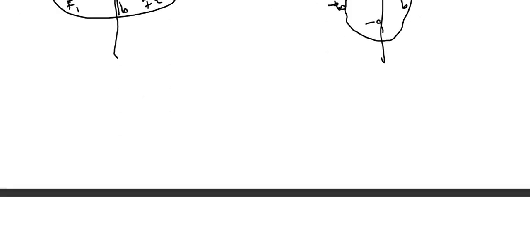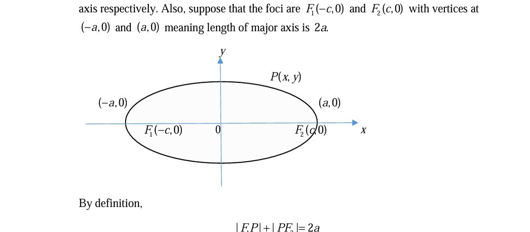Let me try to open the notes so that you can see it clearly. Yes. So this is how an ellipse looks. It's supposed to be a circle, but then it's not. It's squeezed, just like an oval-shaped egg.